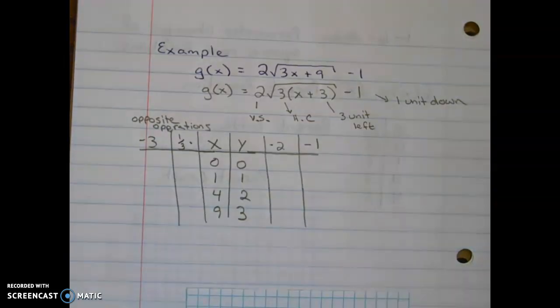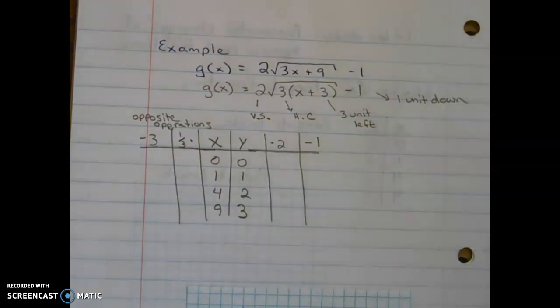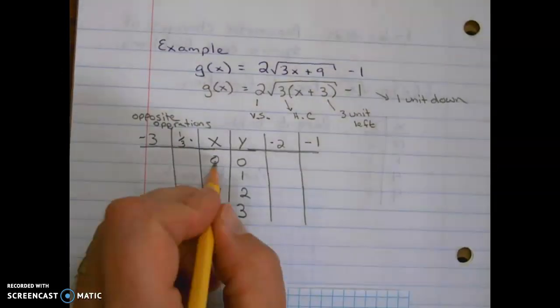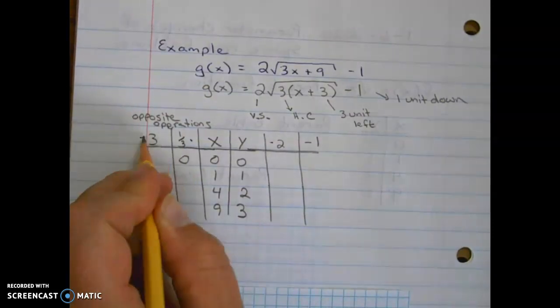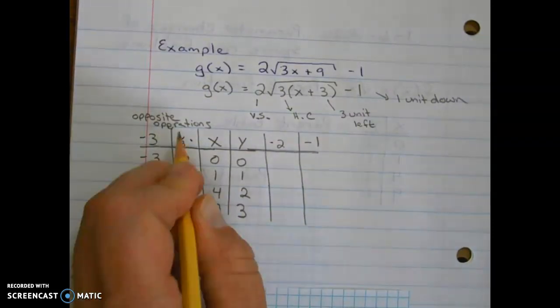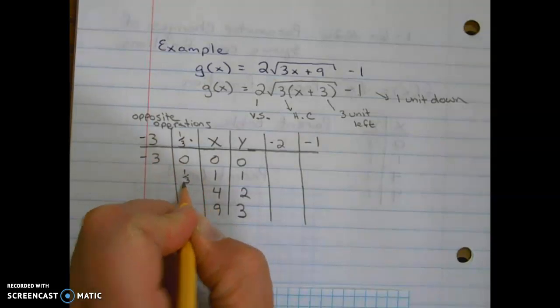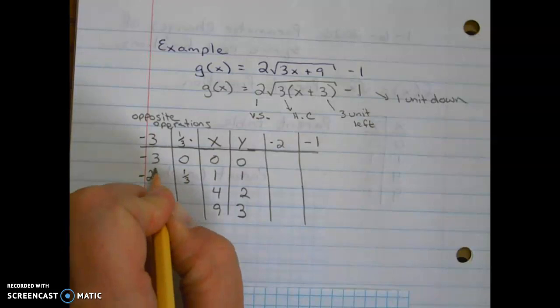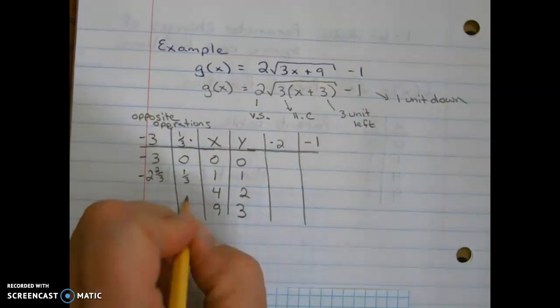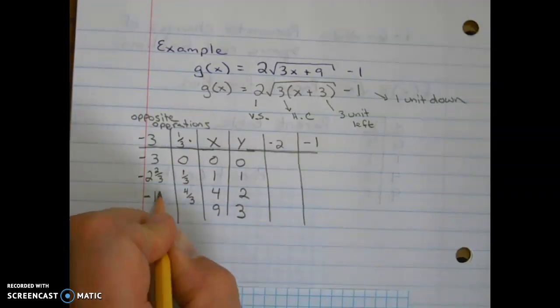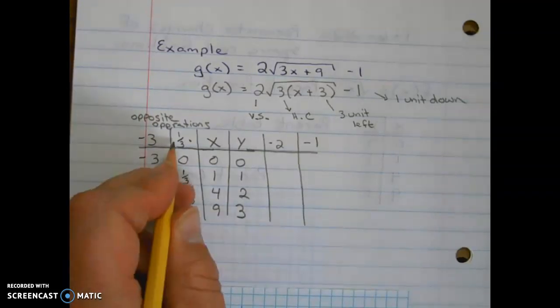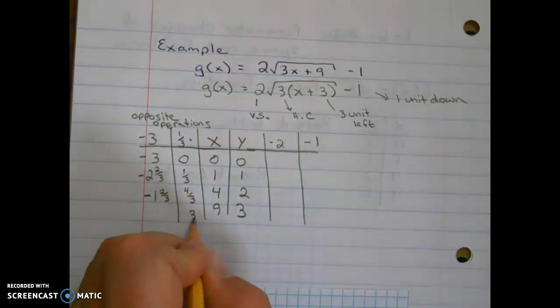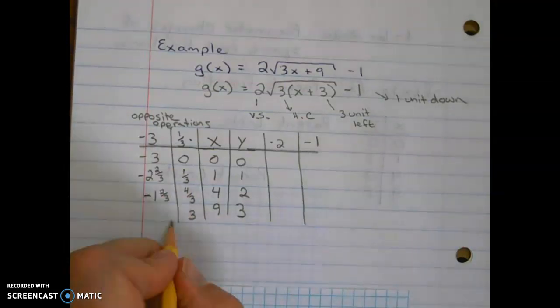Okay, let's see what we get. Now I've already done the math for us. And over here, multiplying, subtracting.